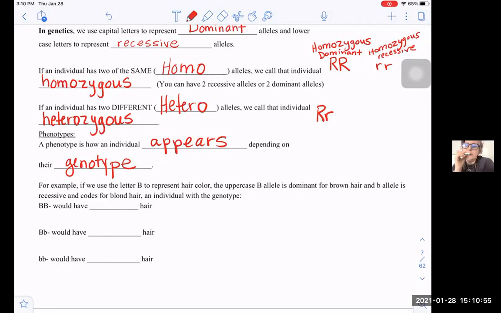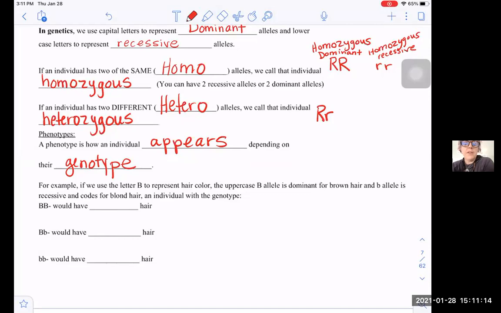All right, so here's where you get to practice and see if you so far are understanding what I've been talking about. For my example here, we're using the letter B to represent hair color. So hair color is a trait, and we're using B to represent that trait.